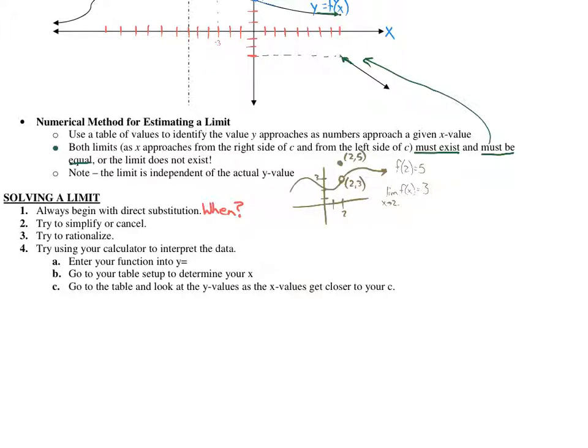The next thing is to try to simplify or cancel, or to try to rationalize. This is what you're going to use primarily when you get 0 over 0, which is what's known as the indeterminate form.